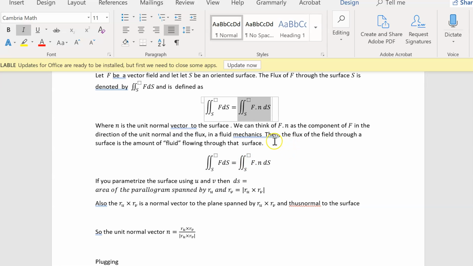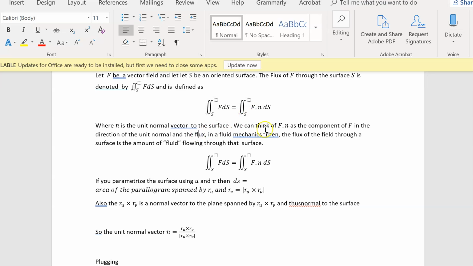You can find a lot of definitions of the flux, but first of all, what is this F dot n? If you think of F as a vector field and n as the unit normal, it is the component of the vector field in the direction of the unit normal.